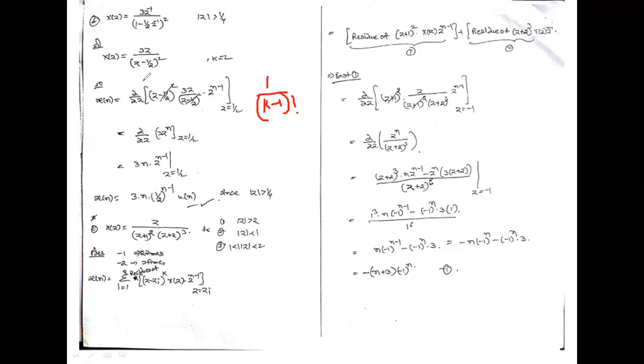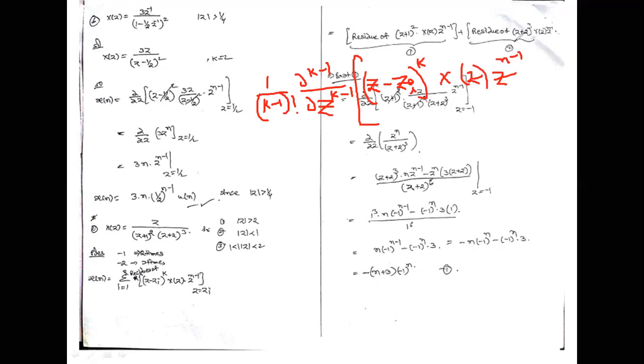And dou power k minus 1 by dou z power k minus 1, with k equal to 2, the first derivative, whole multiplied with z minus zi whole power k, where zi is 1 by 2, and x of z into z power n minus 1, at z is equal to zi.